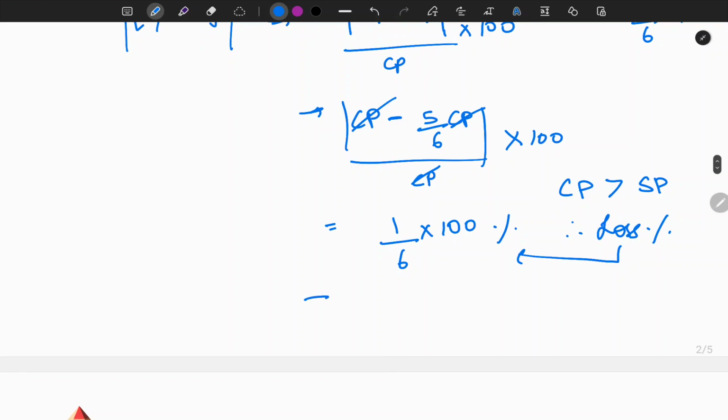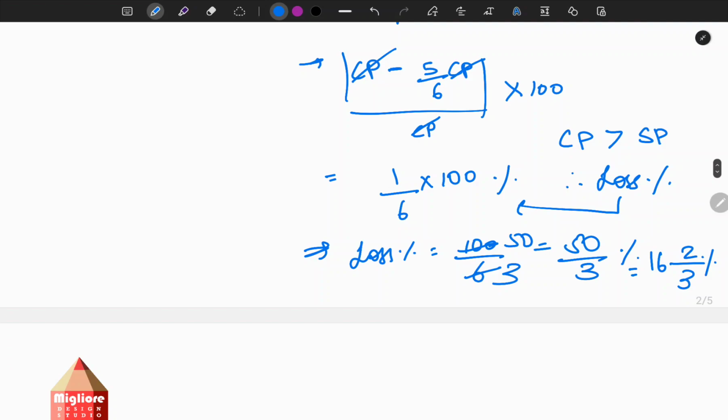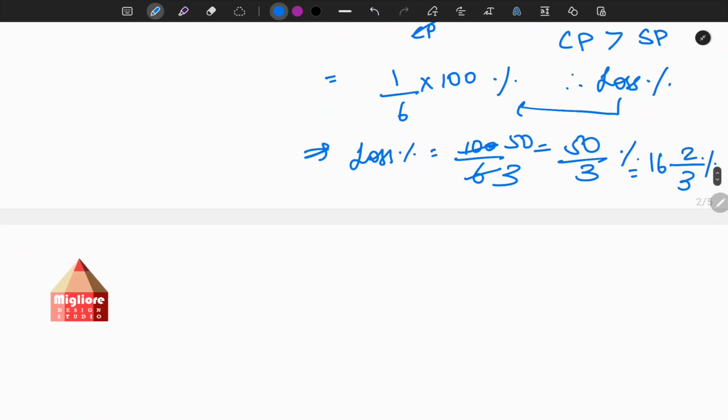So loss percent is equal to 100 upon 6, which is 50 by 3%. This can also be written as 16 and 2 by 3%, since 16 3s are 48, and 48 plus 2 is 50. So yeah, let's move on to the next question.